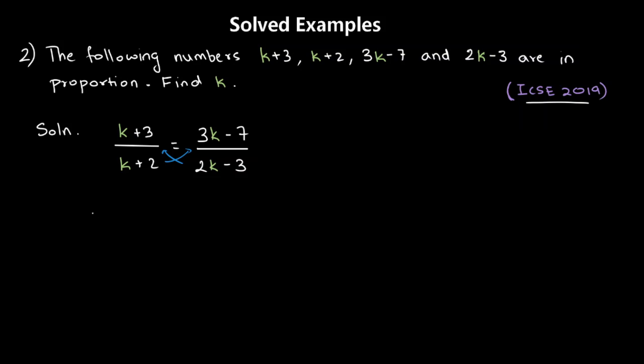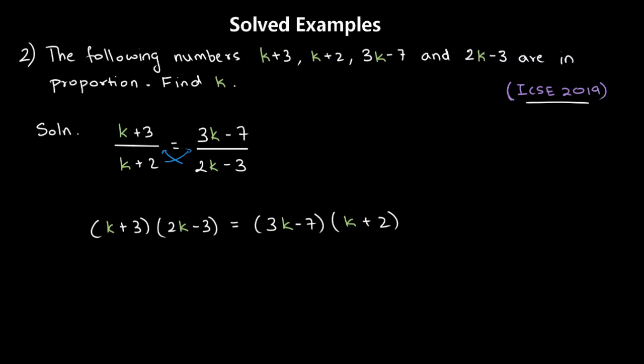So on cross multiplication I get (k plus 3) into (2k minus 3) is equal to (3k minus 7) into (k plus 2), right?